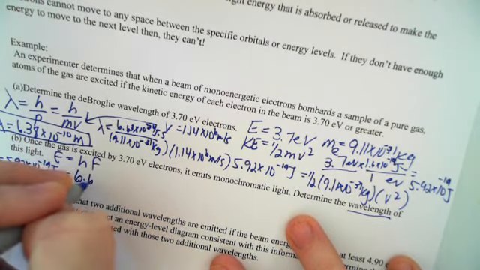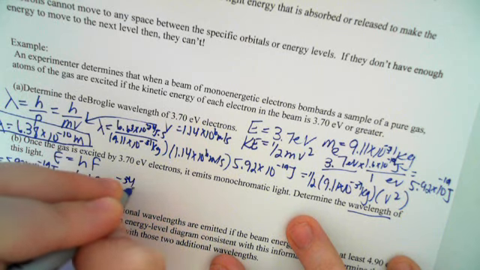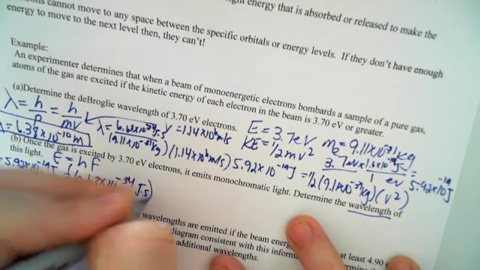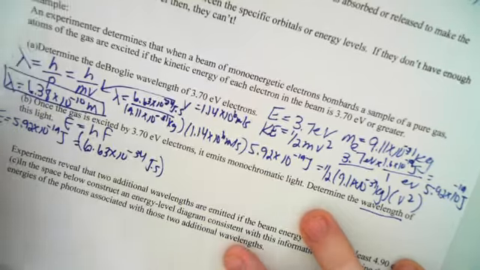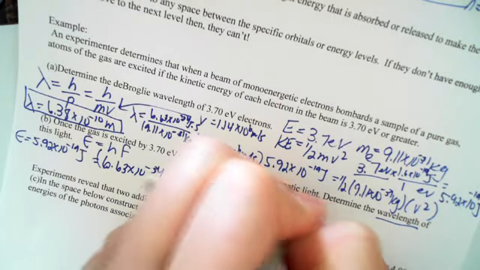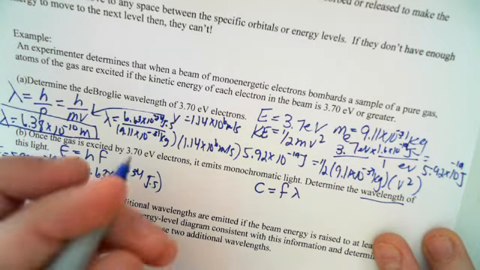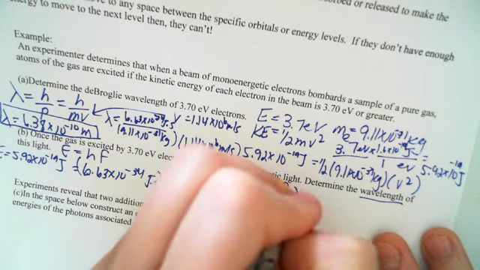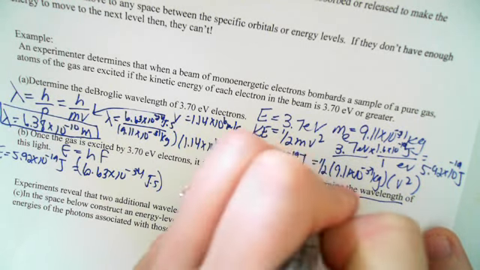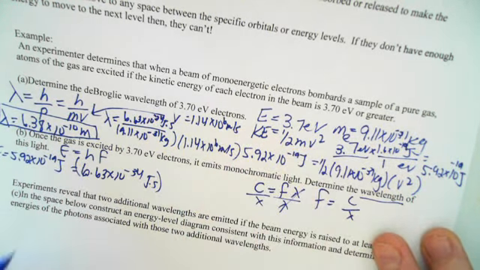Planck's constant equals 6.63 times 10 to the minus 34th joule-seconds. And actually, here's a little shortcut for you, if you're interested. We know that c equals frequency times lambda, the speed of light, and we want to find lambda. So frequency is going to be equal to c over lambda.